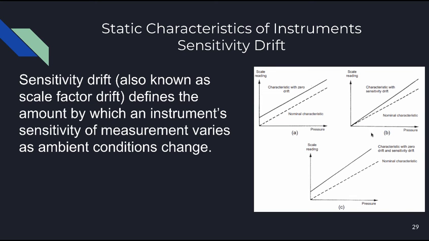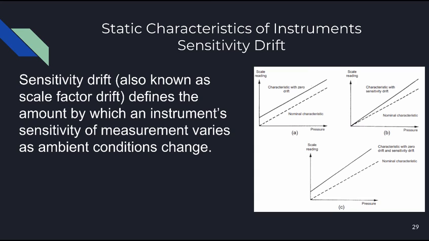Sensitivity drift, also known as scale factor drift, defines the amount by which an instrument's sensitivity of measurement varies as ambient conditions change. It is quantified by sensitivity drift coefficients that define how much drift there is for a unit change in each environmental parameter that the instrument characteristics are sensitive to.